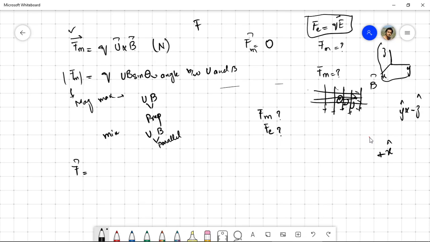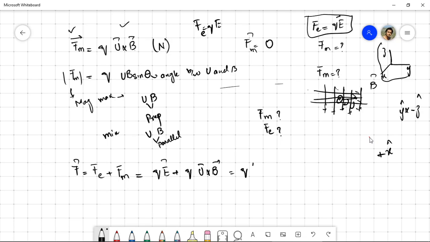So there will be an electric force which will act on that particle. Apart from that, if that particle is moving and there is an external magnetic field too, there will be another force, which is Fm. So now there will be two forces acting on this kind of charge. These two forces will add up to be Q into E plus Q into U cross B. These are the two things.